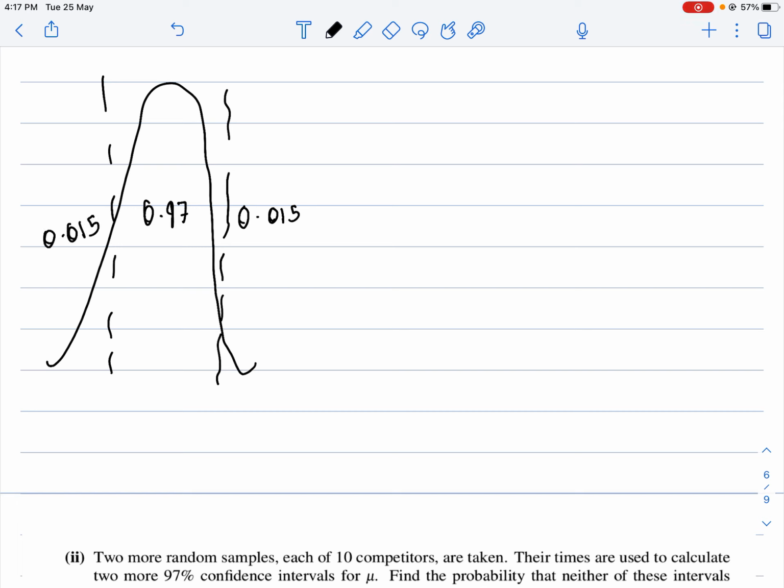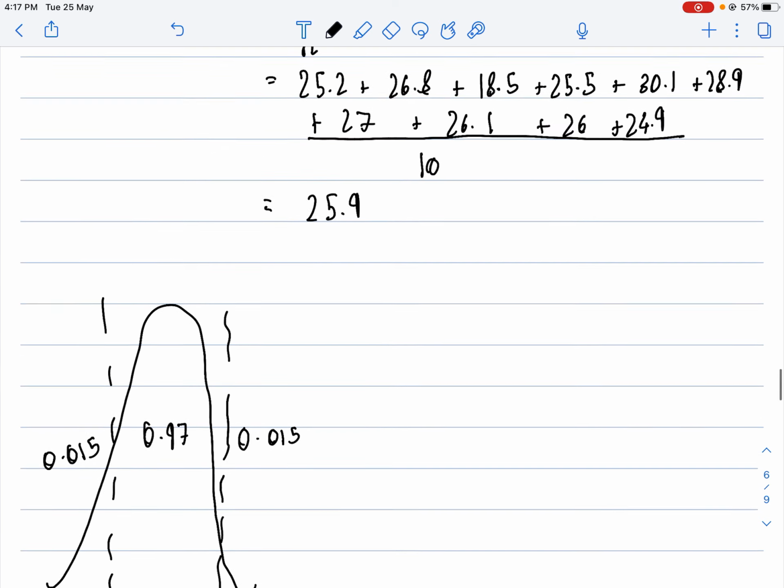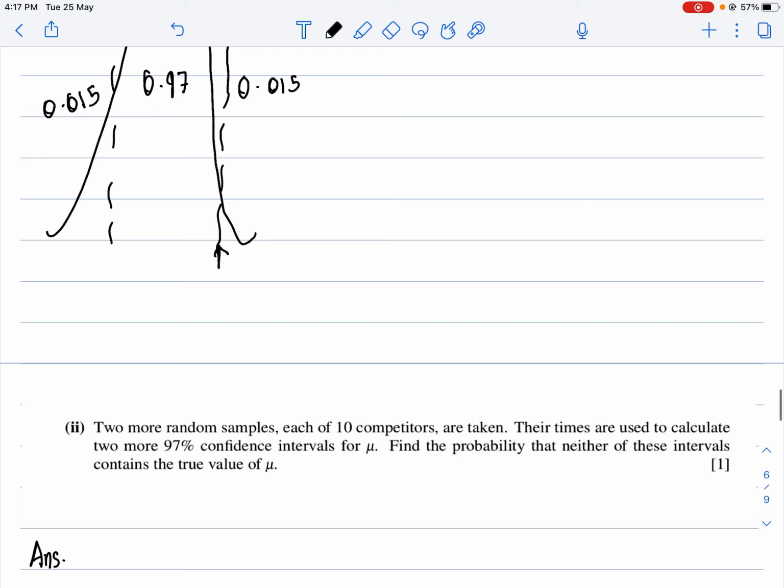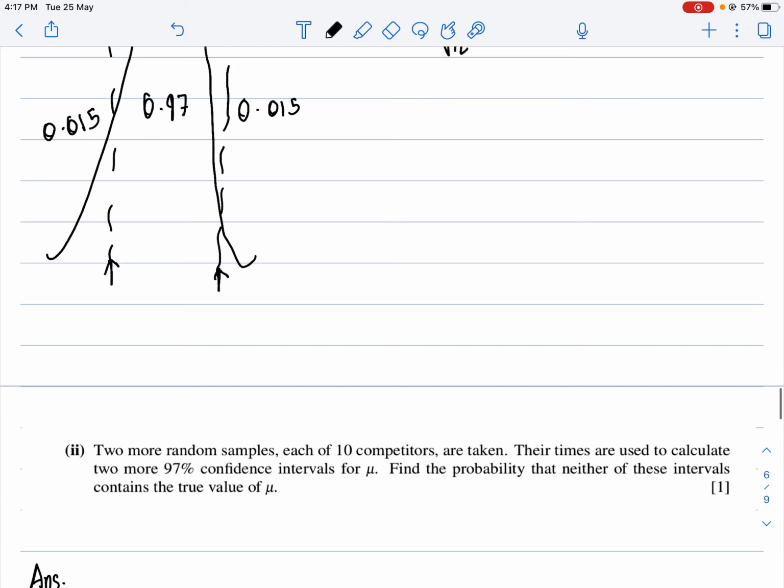Agreed? Now if you see, I have my z upper equal to x upper minus the mean over the standard deviation over root n. I need to calculate the x upper. The upper probability basically means we need to do 0.97 plus 0.015, which I know is 0.985.